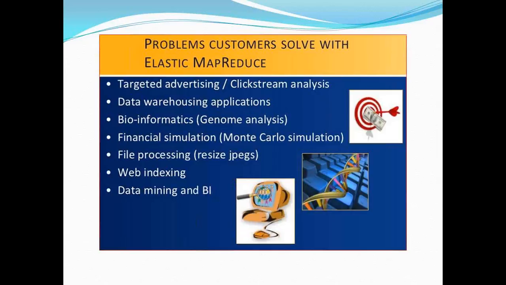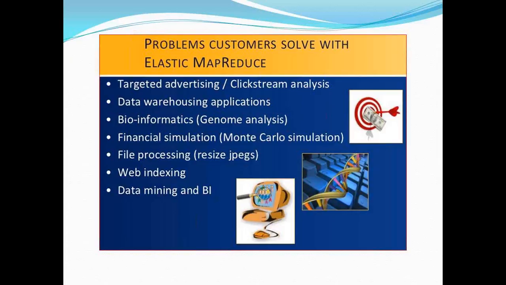As I said, there are a lot of potential areas where you can use this type of Elastic MapReduce. You don't have to pay anything for the setup and all that skill set. You don't have to look for networking guys or admins and Unix folks. So a lot of these analyses, like advertising analysis, warehousing, genome projects, financial simulations, indexing, data mining, you can do there.